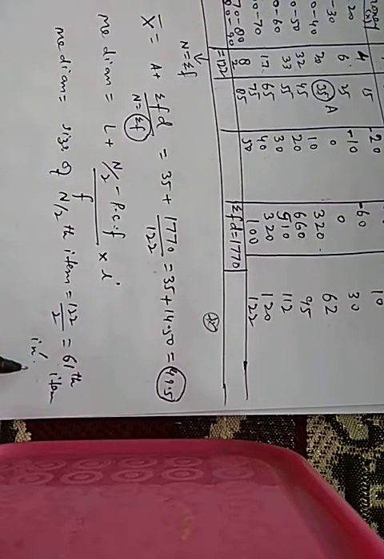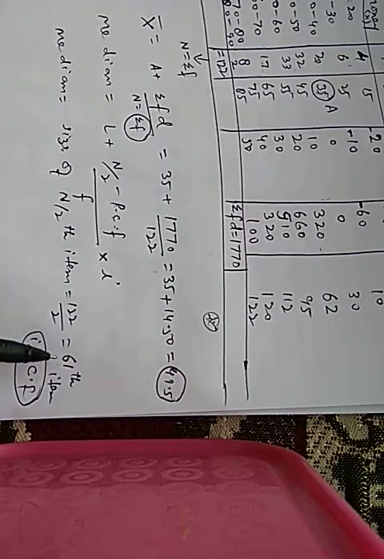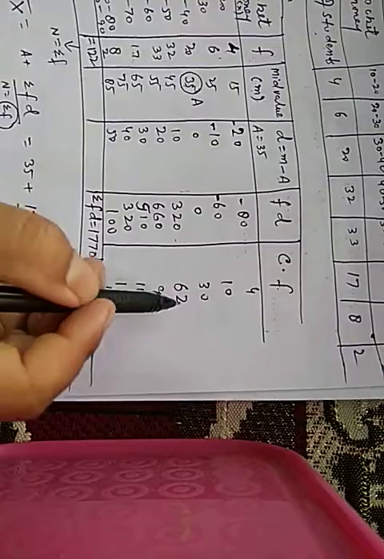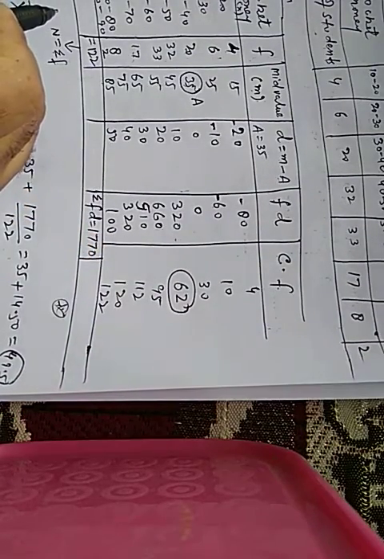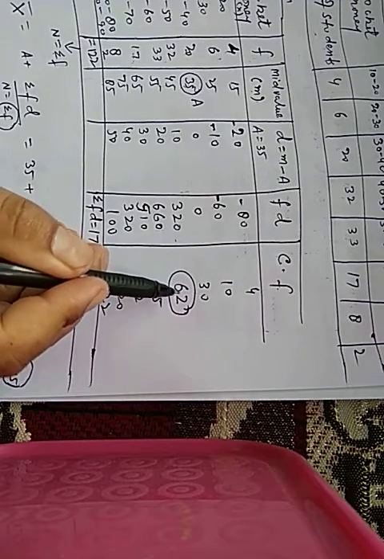This will lie in the value 62, which is the cumulative frequency, and the preceding cumulative frequency will be 30.